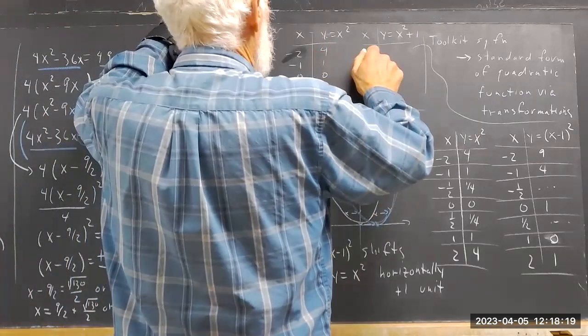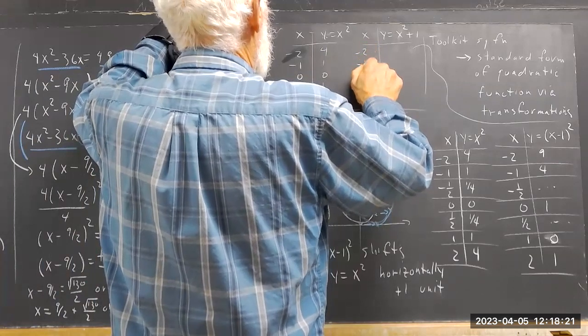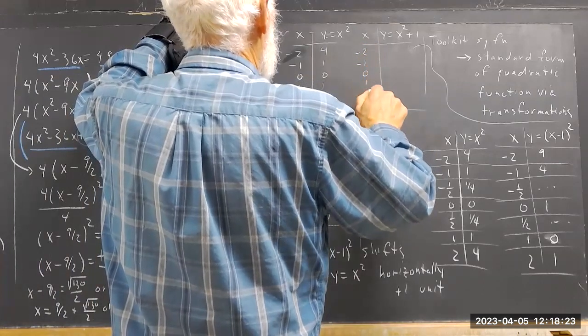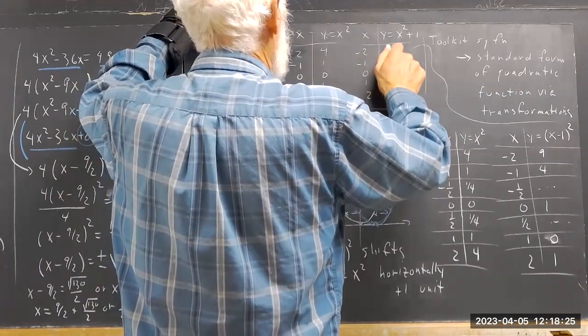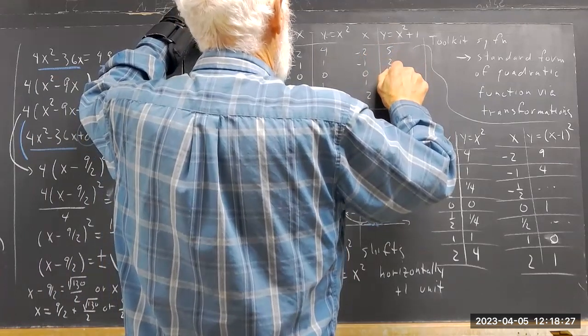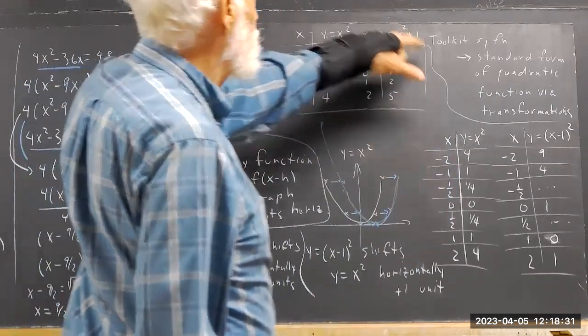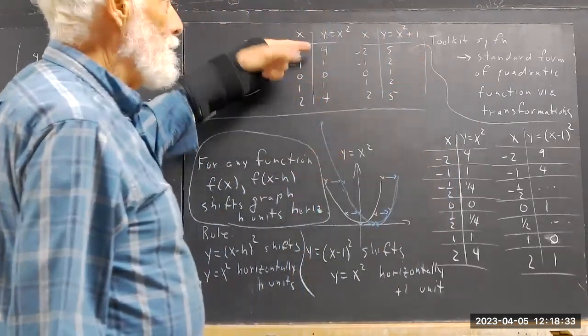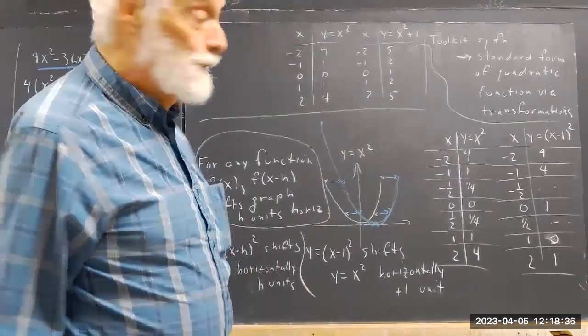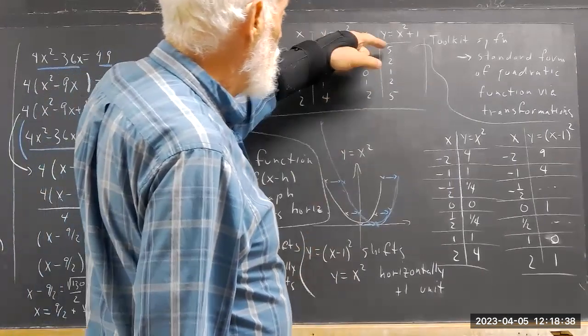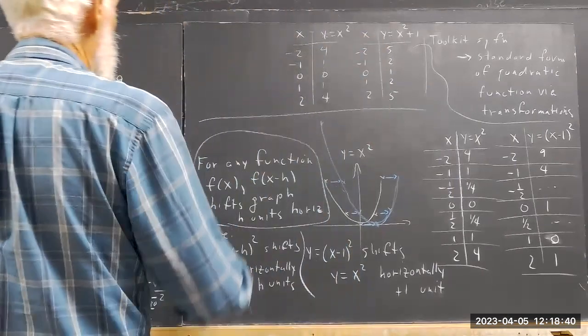Okay. Now, if I do x squared plus 1, then my number is going to be 1 greater. Instead of 4, 1, 0, 1, 4, I get 5, 2, 1, 2, 5.